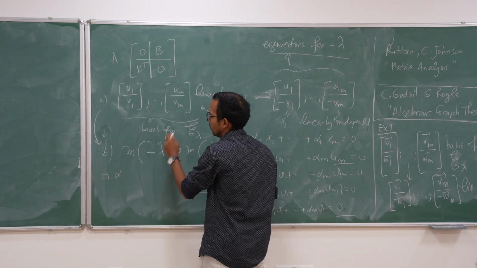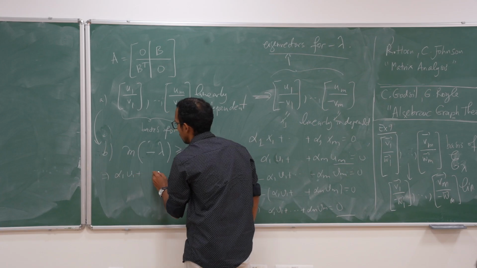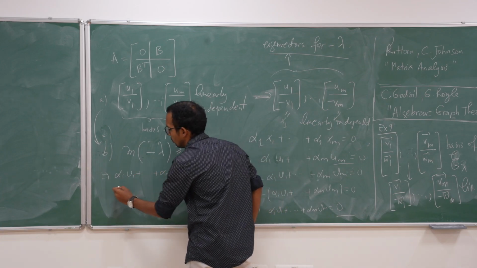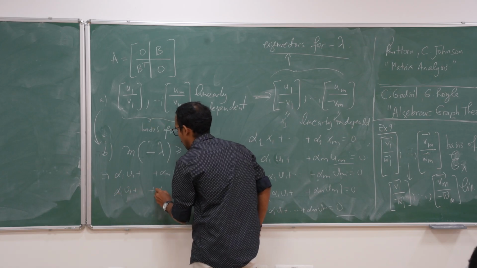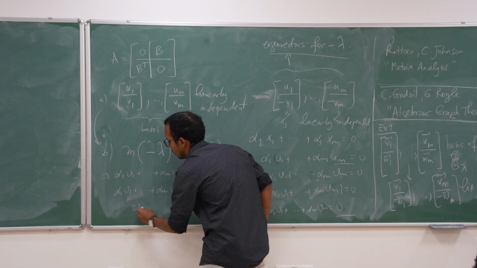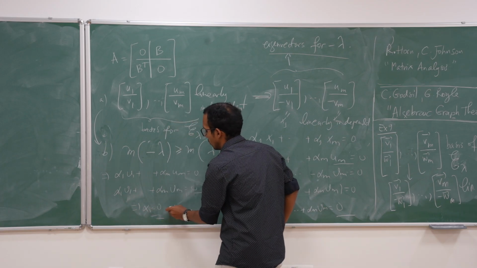So from here it would be alpha 1 u1, alpha n u1 equal to 0, and alpha 1 u1, alpha n u1 equal to 0. This implies alpha needs to be equal to 0 for all.